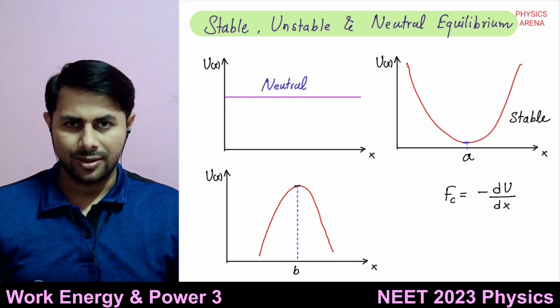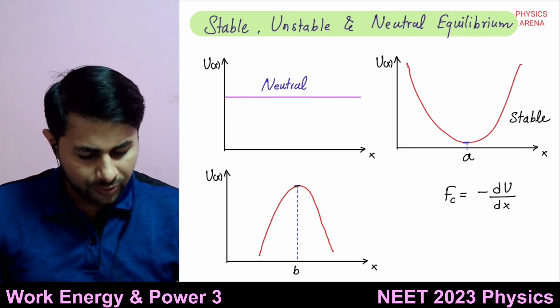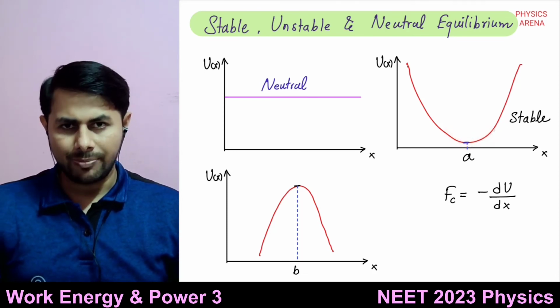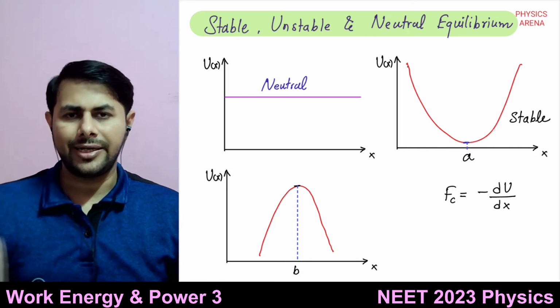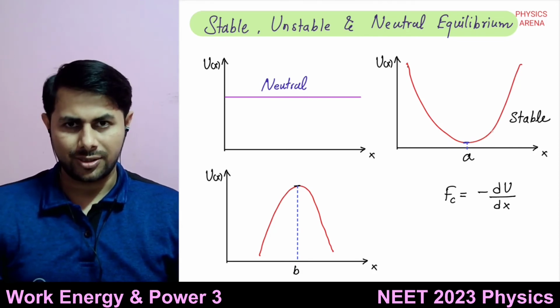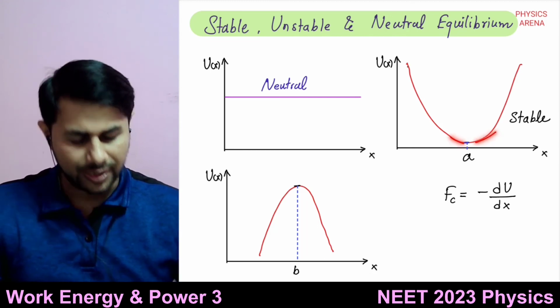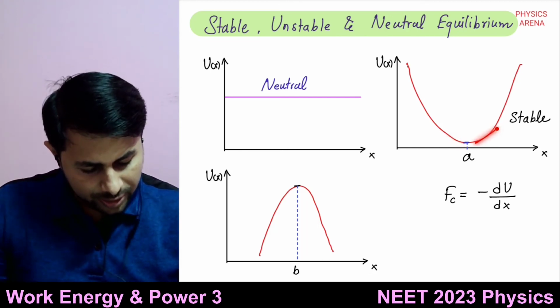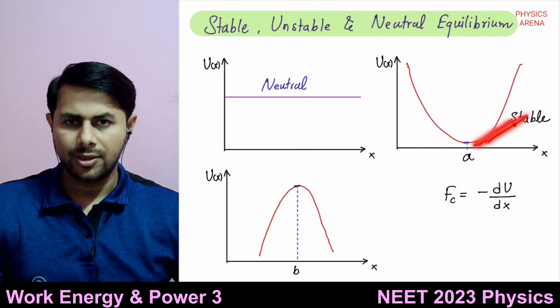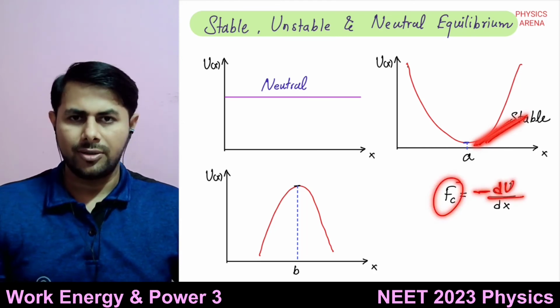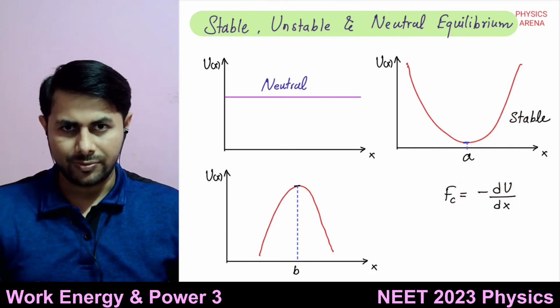Why? The reason is, when you displace this object towards left or towards right, what will happen? There will be a negative force acting on it. Why am I saying negative? If you go towards left or towards right, the slope is positive, right? And force is the negative of the slope, the negative of the derivative.